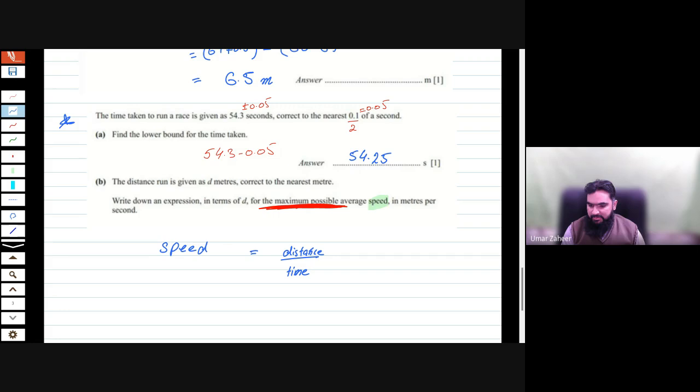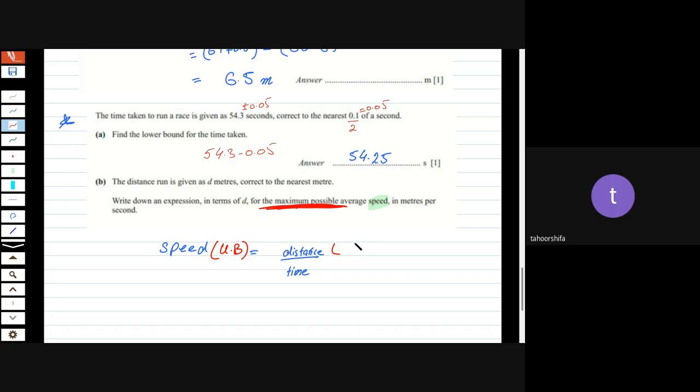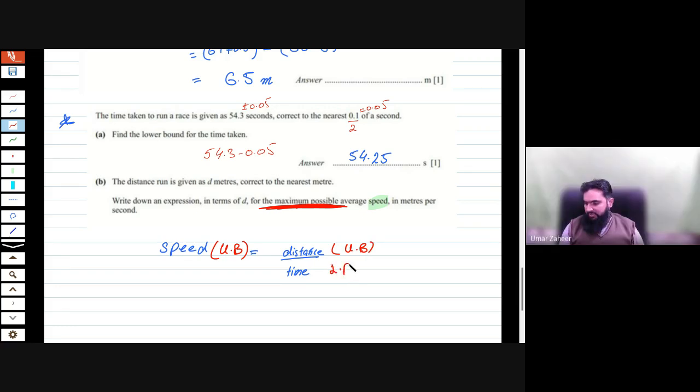Which value do we take, upper bound or lower bound? Upper bound of distance, and you will take the lower bound of the time.